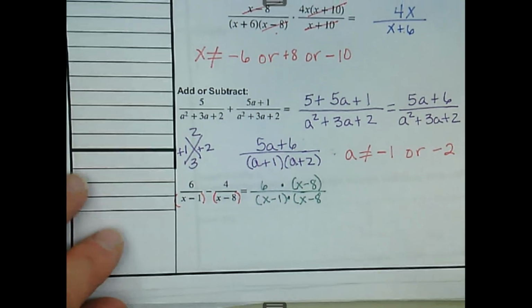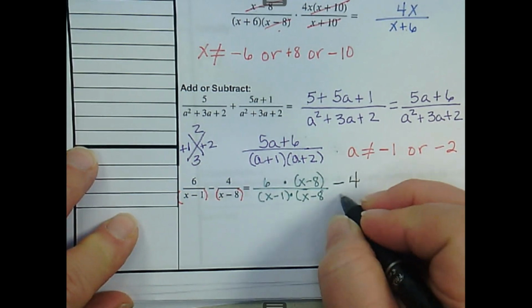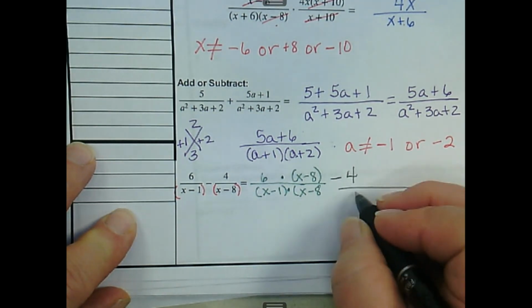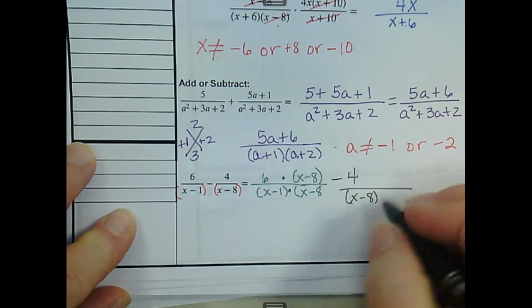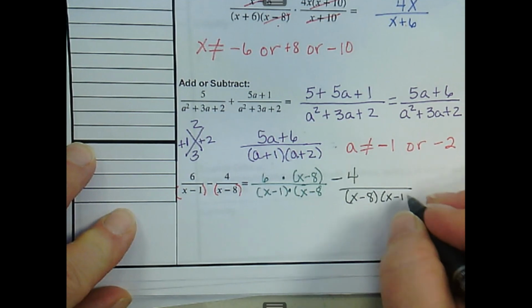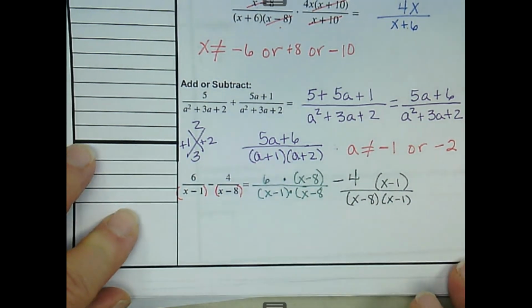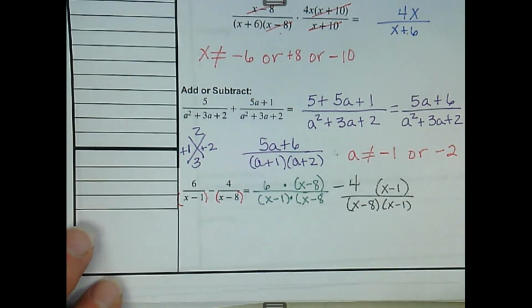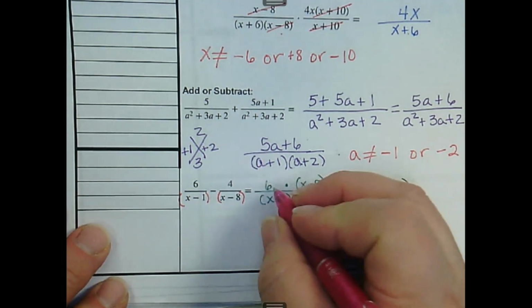For the next one, minus 4, I'm going to multiply the x minus 8 by the x minus 1. What I do on the denominator, I have to do on the numerator. Now I've got the same denominator. I am ready to simplify.